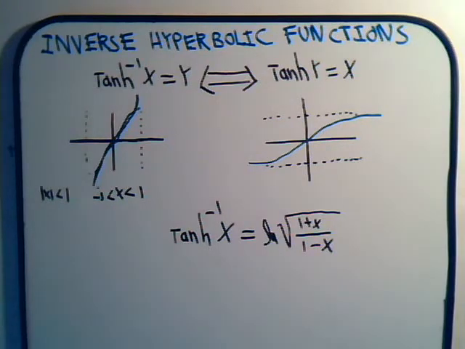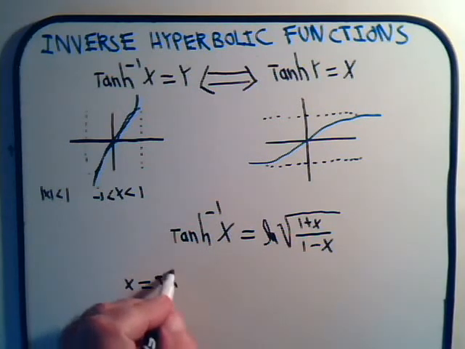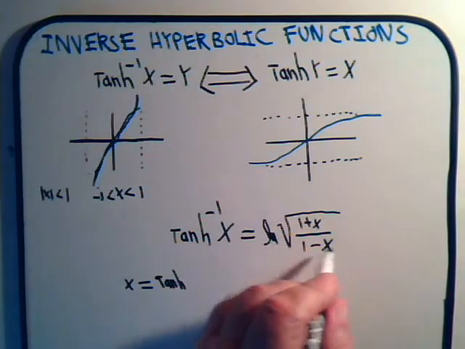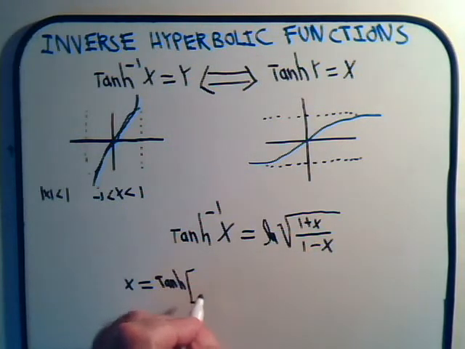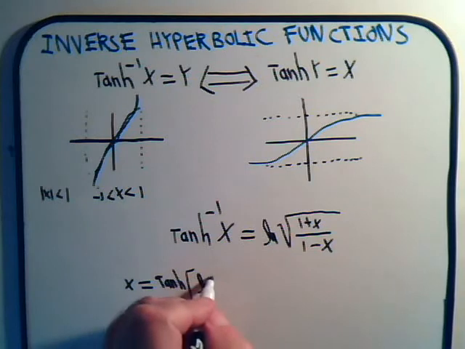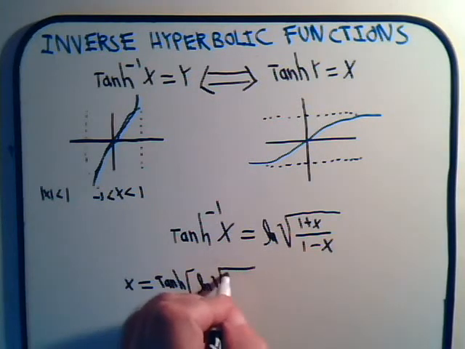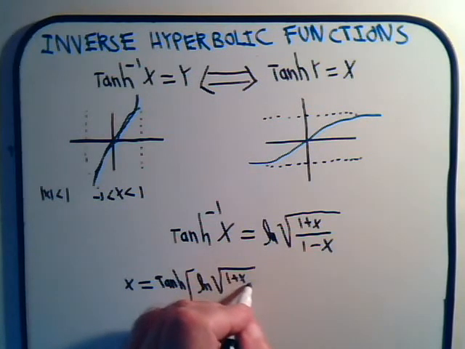The only other comment we would make then, if indeed this is true, is that if we take the hyperbolic tangent of both sides here, we would say that x equals the hyperbolic tangent of this expression here, the natural log of the square root of 1 plus x divided by 1 minus x.